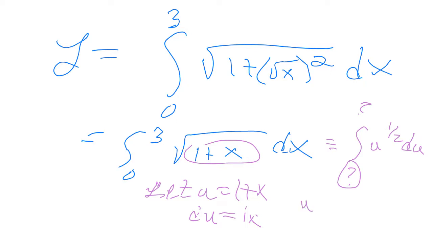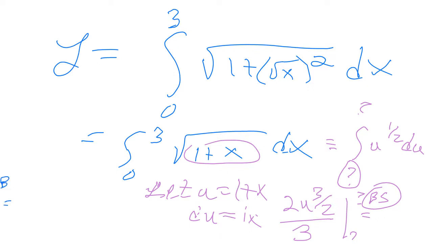Which is u to the 3/2 over 3/2, so times 2/3, evaluated from I don't know to I don't know. So I'm going to back sub, back substitution, and I'm going to go across the screen.